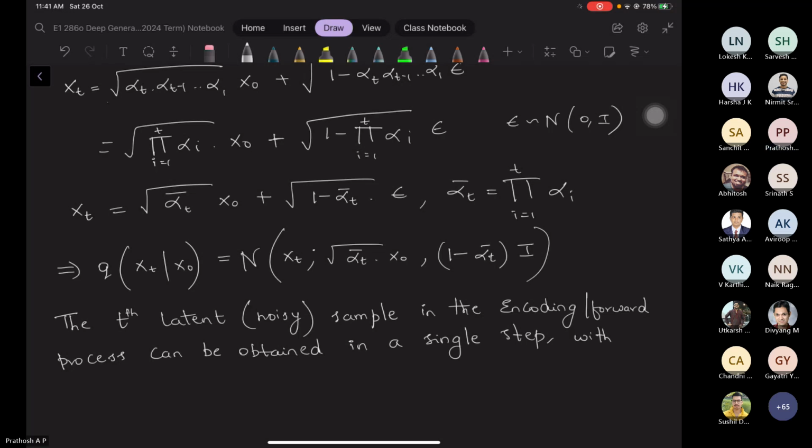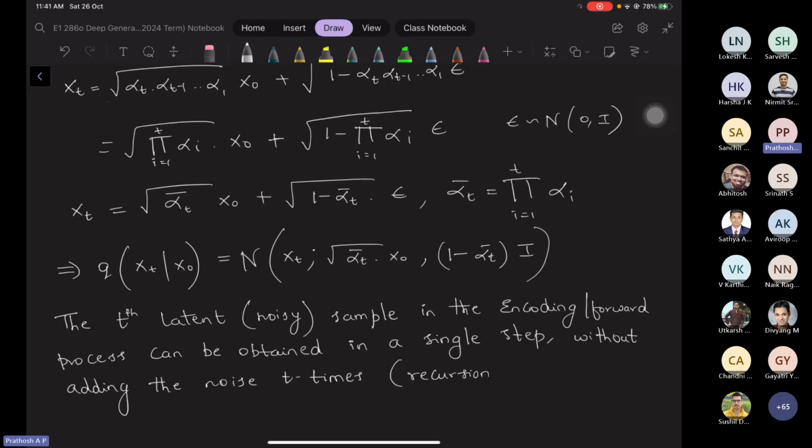Without adding the noise t times. So this is actually because of recursion, that's all right.